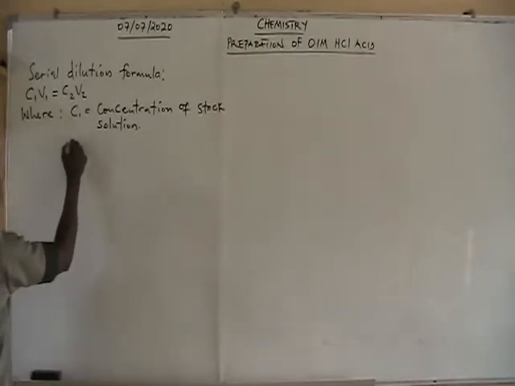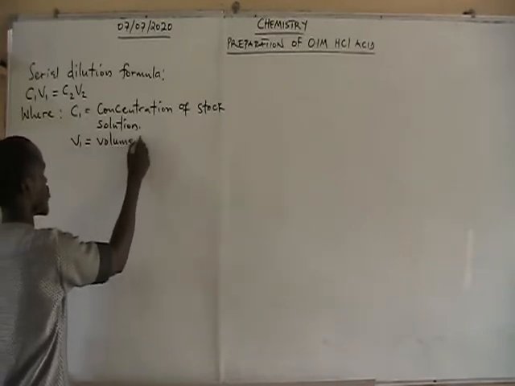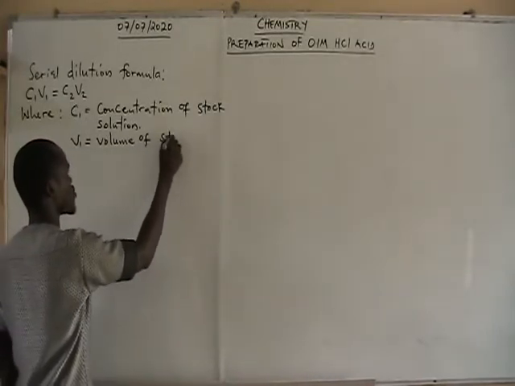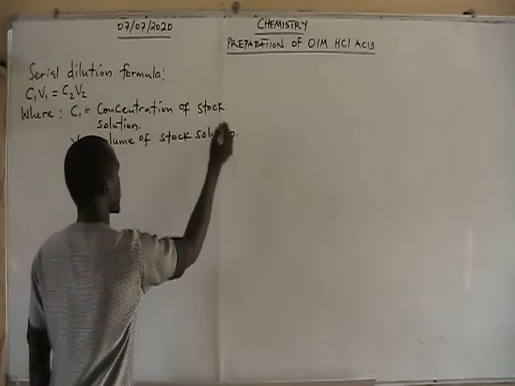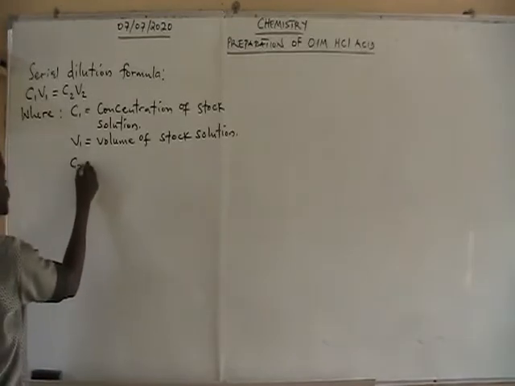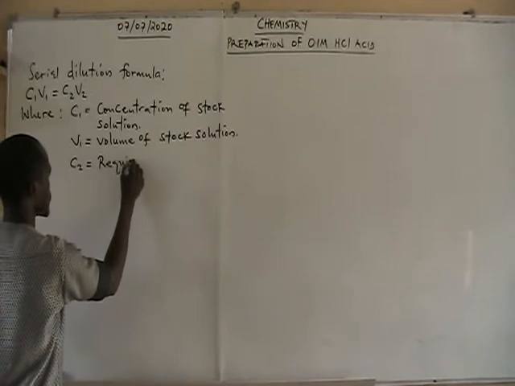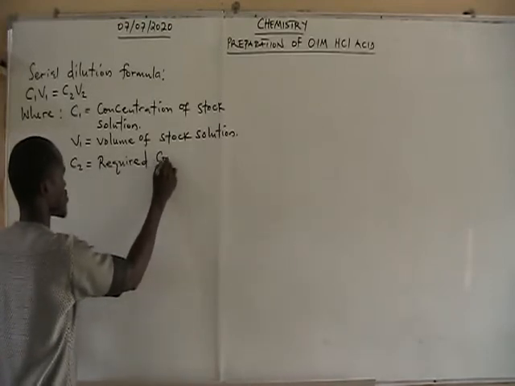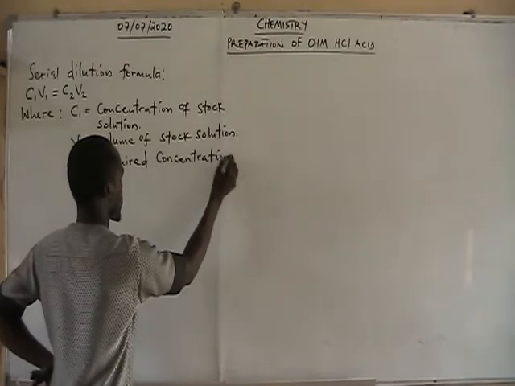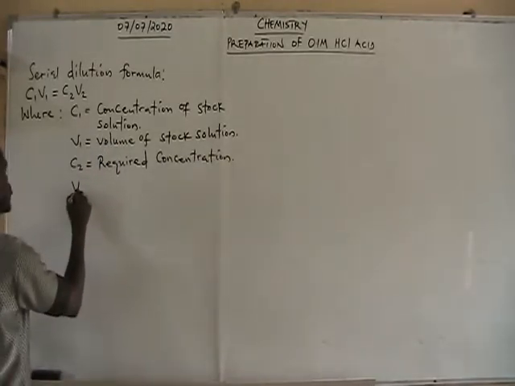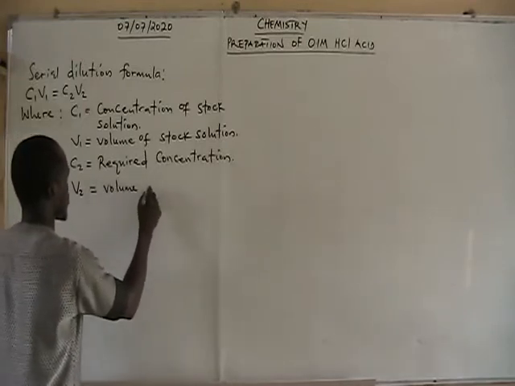Then V1 is the volume of stock solution. C2 is the required concentration, then V2 is the volume required of solution.